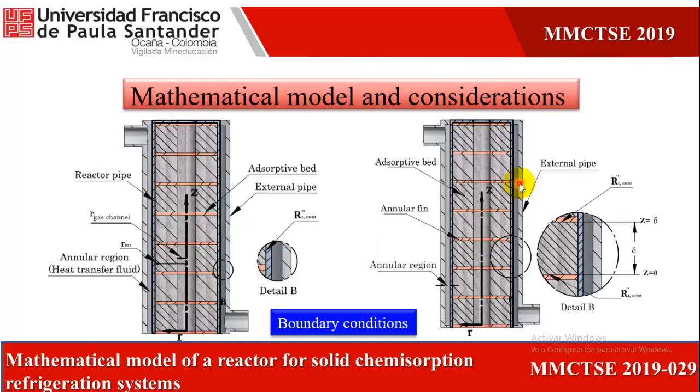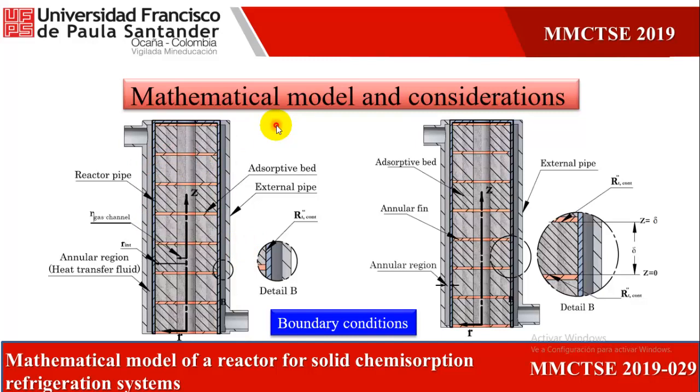So moving on, in order to understand a little more how these boundary conditions were established, in this figure we present two reactor views. In the first one, the figure explains the boundary condition in direction R here. So we observe an internal radius of the tube where the refrigerant flows.